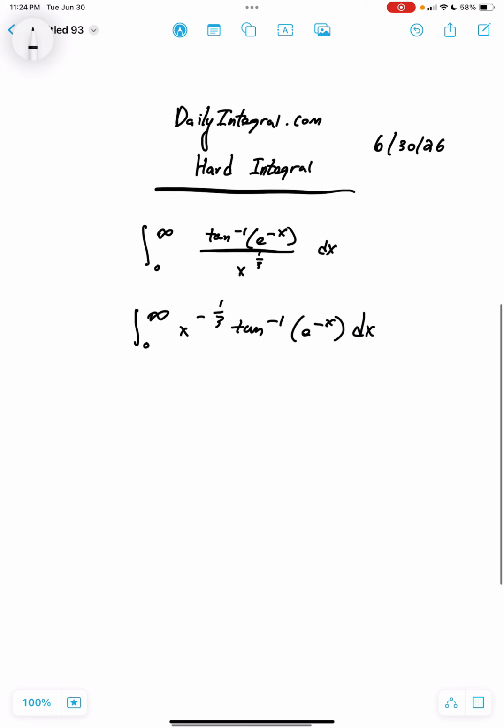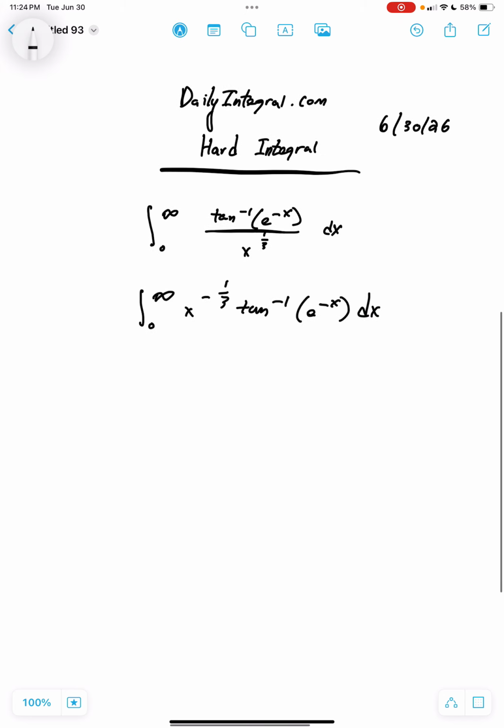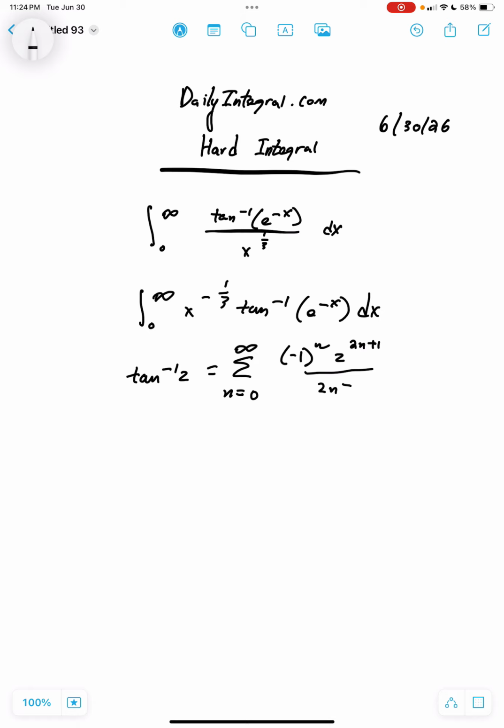So the first thing I want to do is expand the arctangent term. And I'm going to use that tan inverse of z is equal to the summation from n equals 0 to infinity of negative 1 to the n times z to the 2n plus 1 over 2n plus 1 for the absolute value of z less than or equal to 1.